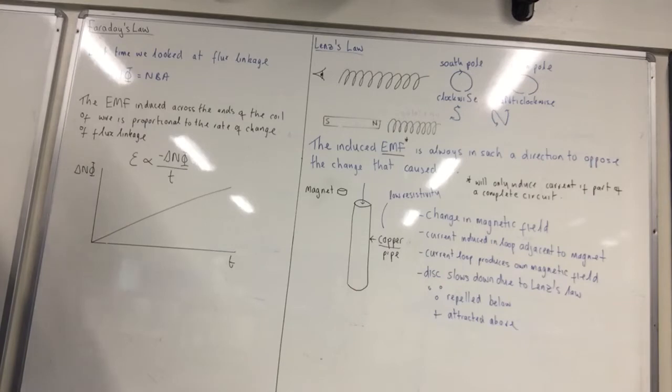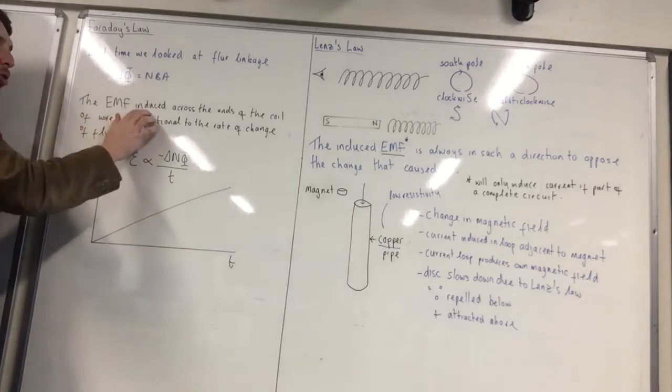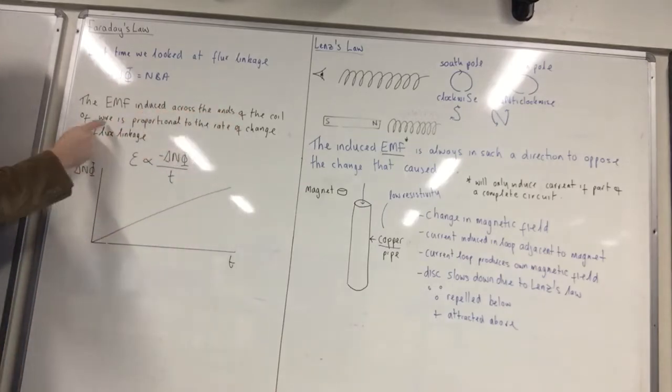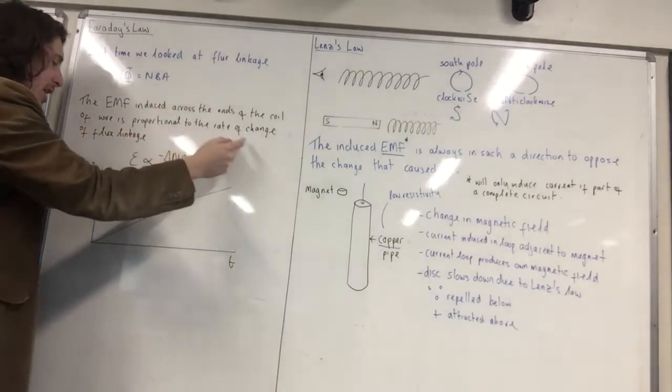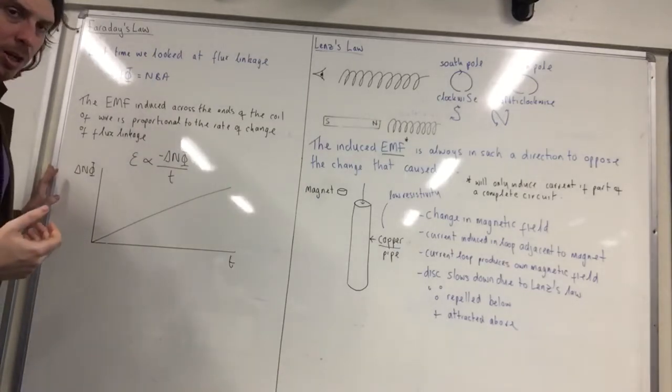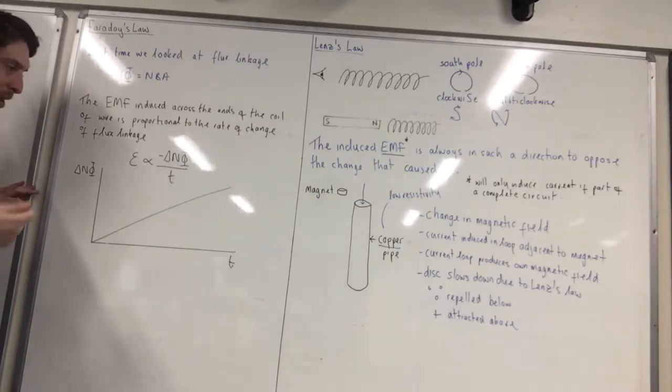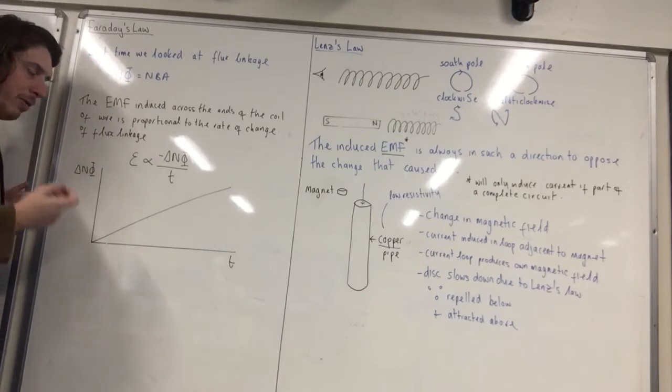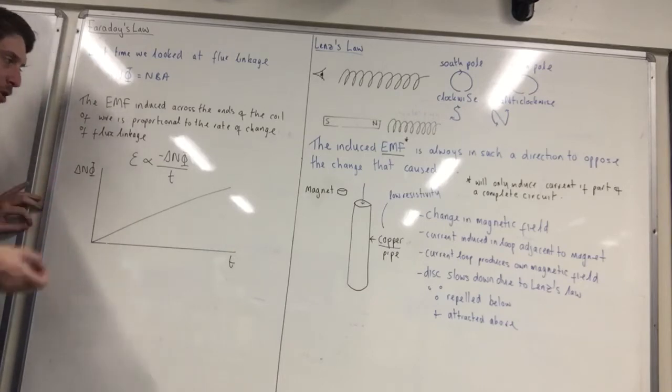Now, what we said last time is if we're going to increase the value of the EMF that's induced, we'd increase the number of turns on the coil. Now, the EMF that's induced across the ends of the coil of wire is proportional to the rate of change of flux linkage. So if you do this quickly, then the value of the EMF is going to increase.